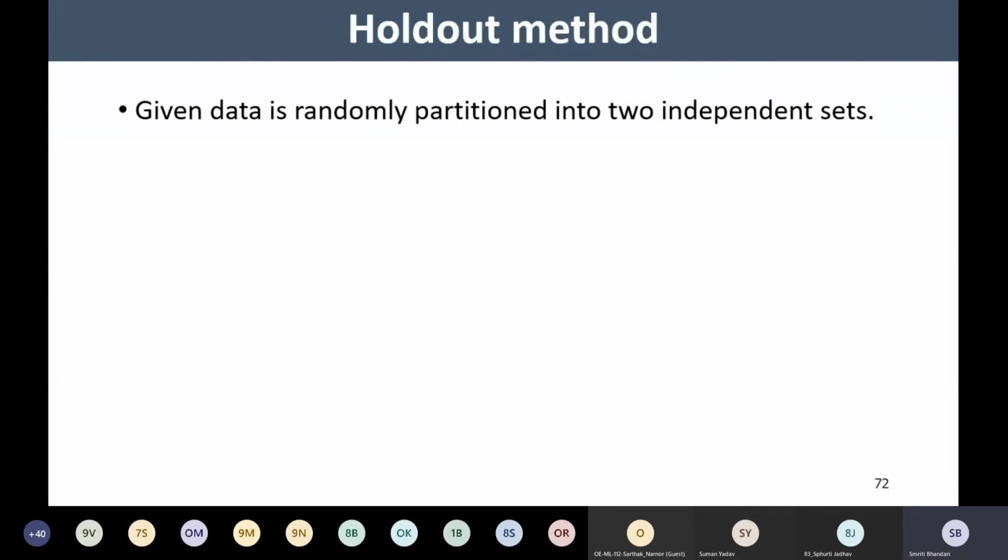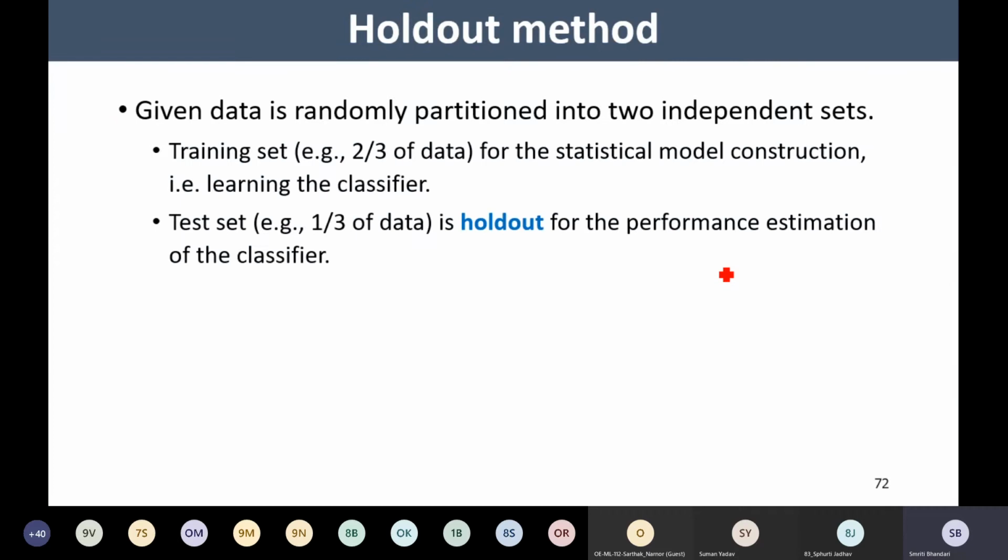So what is this method? Here, the given data is randomly partitioned into two independent sets. Whatever data has been provided, the samples are randomly picked up and placed into different sets.